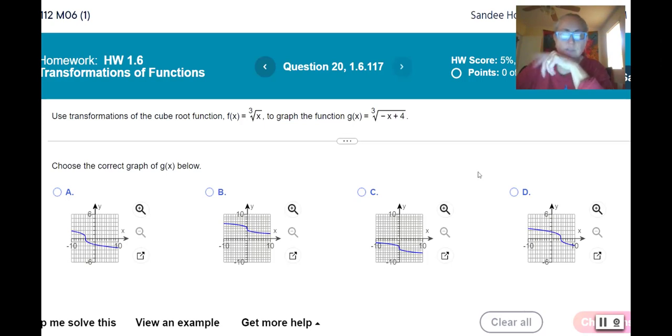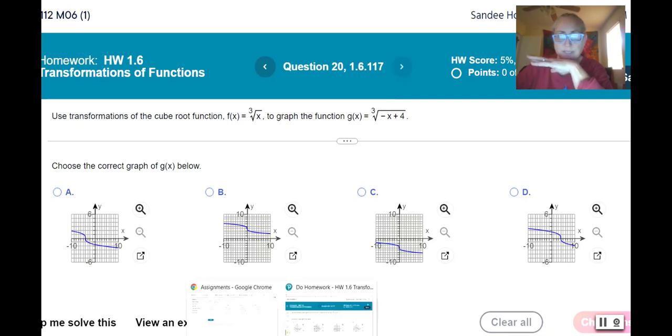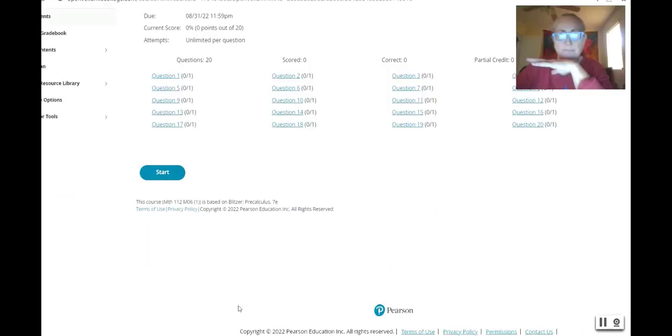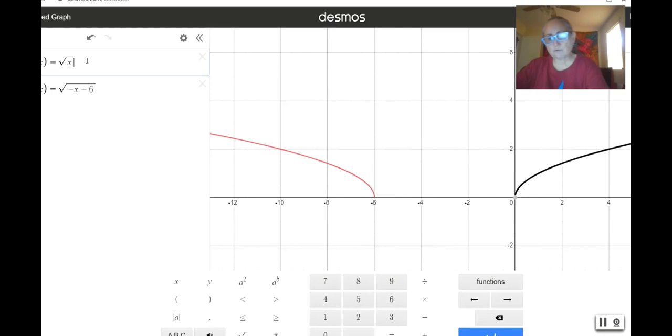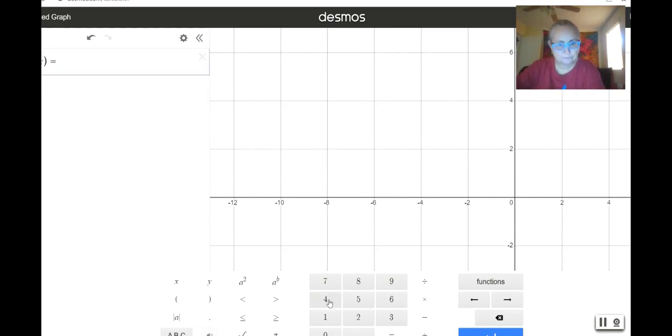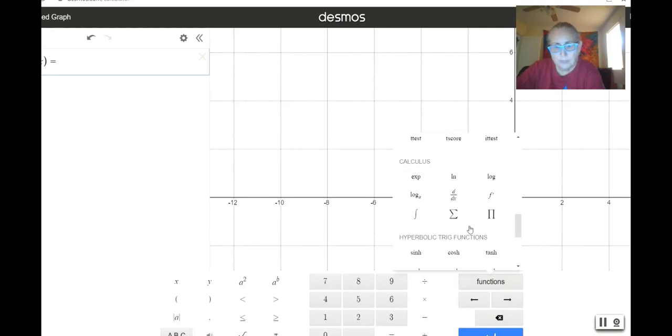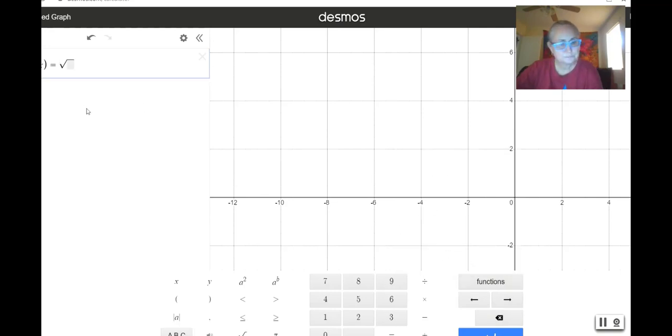Okay, so this one is also a little tricky because you've got that reflection inside of a grouping symbol. So we're going to go out to Desmos and take a look and go slowly and see what happens here. So instead of the square root, I've got to enter a cube root. So let me find my cube root.